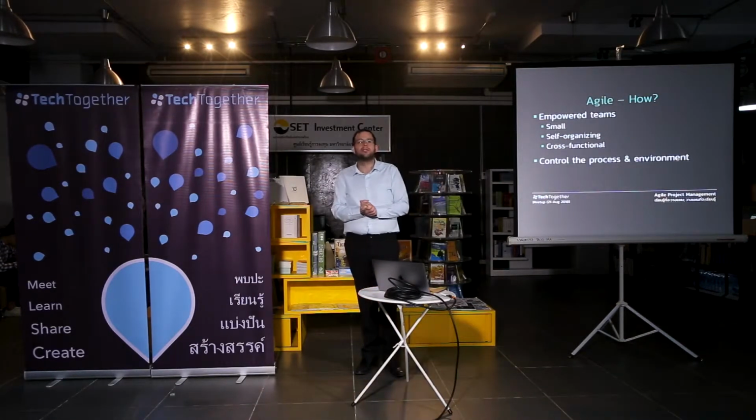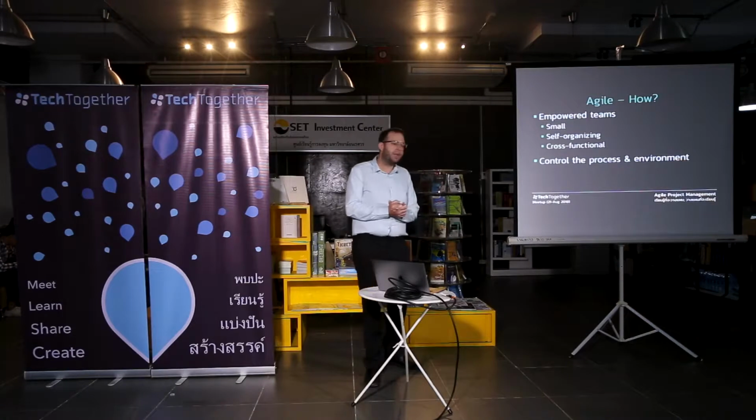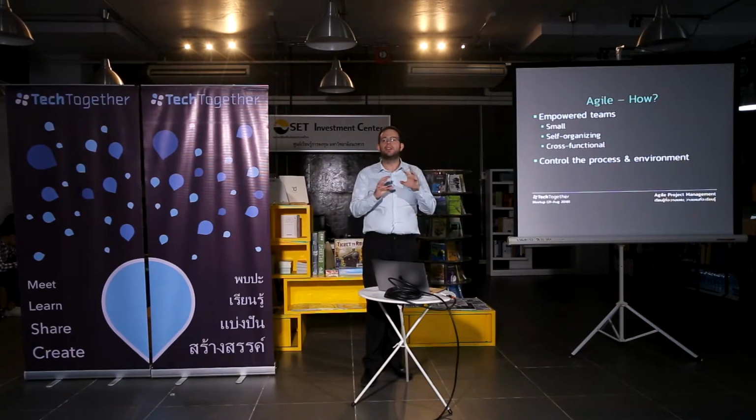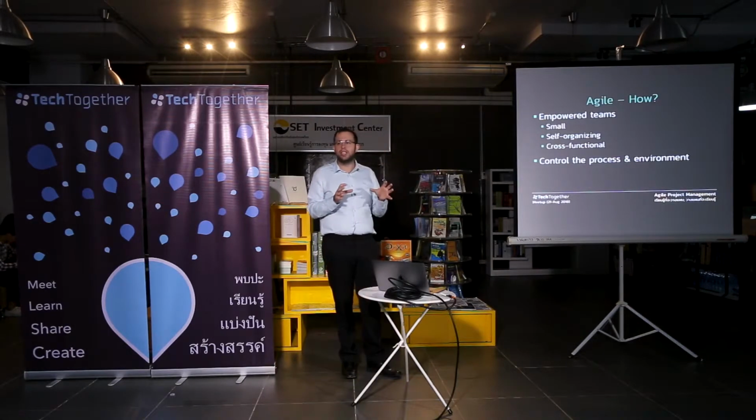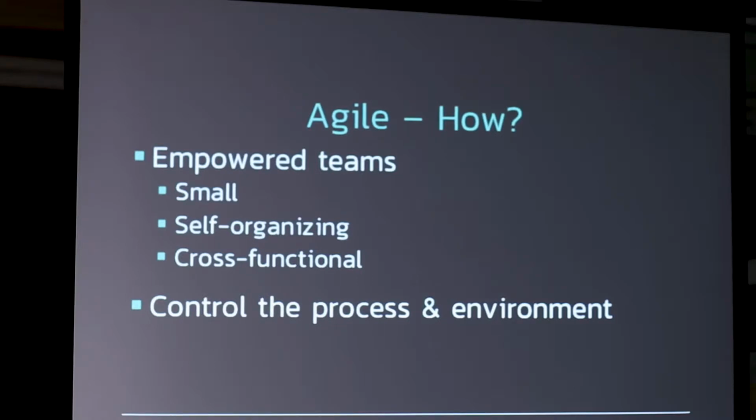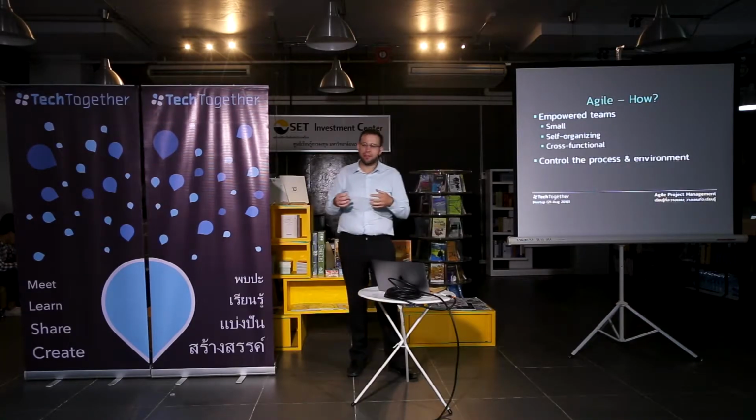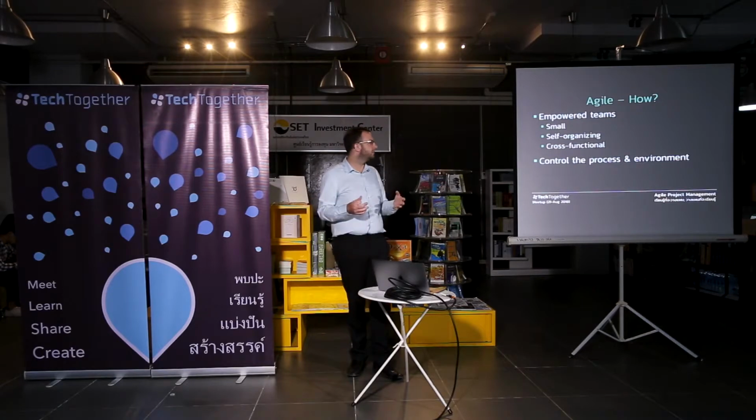And cross-functional. So your team has a mix of different skills. So you have enough people in your team, enough different skills in your team, you can build the product within the team. So I will keep using software examples because that's what I'm familiar with. But you can use this in other cases as well.